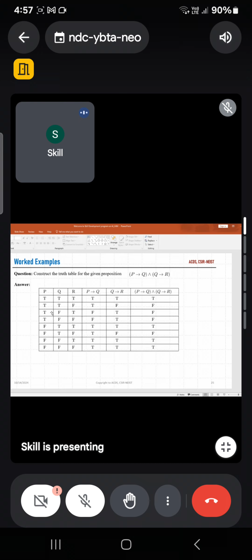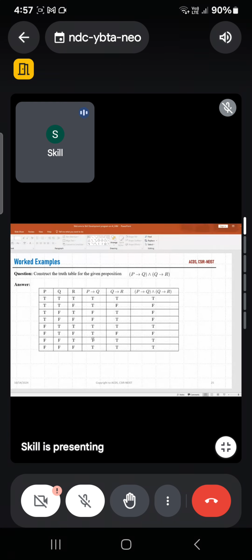If P is true and Q is false, we directly write false. If P is false and Q is true, we write true. If both are false, we write true.